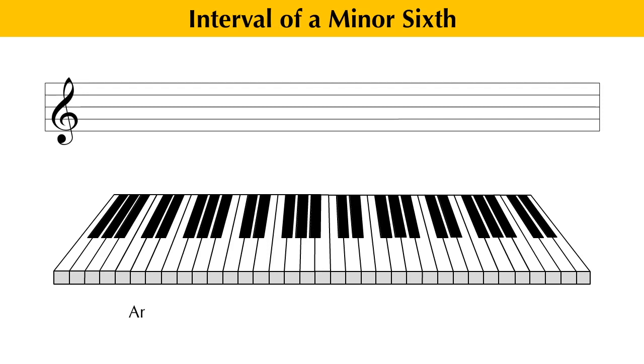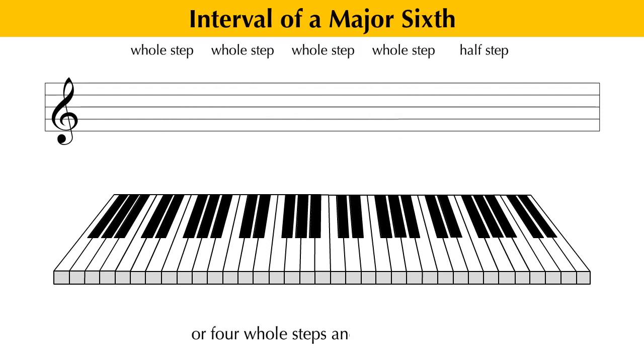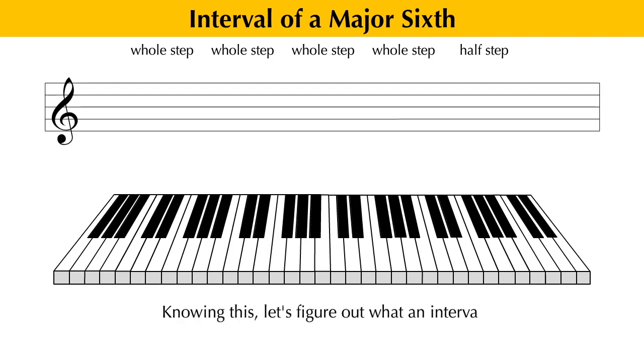On the other hand, an interval of a major sixth occurs when two notes are separated by the distance of 9 consecutive half steps, or 4 whole steps and 1 half step. Knowing this, let's figure out what an interval of a major sixth above the note G is.